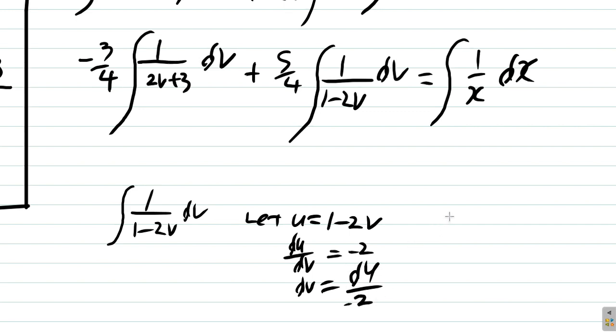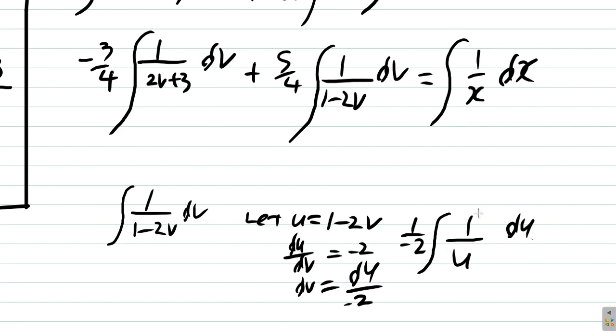And then what we have is the integral of 1/u, where u is 1 minus 2v, 1/u dv. But dv is du over -2. So this is the same as -1/2 times the integral of 1/u du. Right? That's what will happen if you do this.